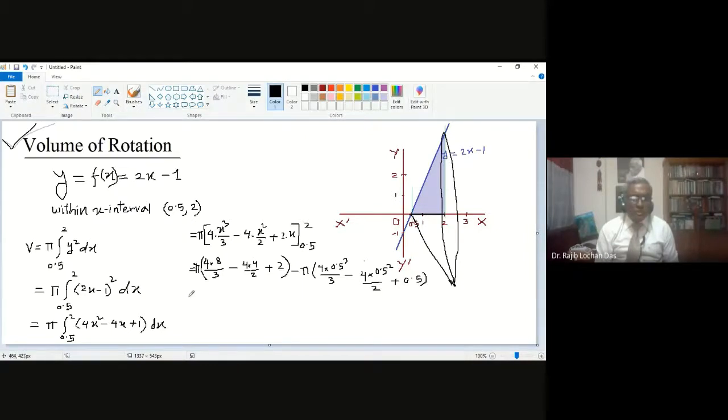So move to the next line. It is pi, of course, and this is 32 by 3.